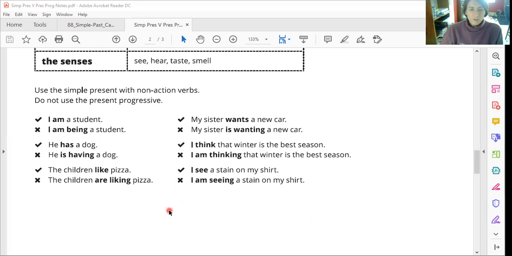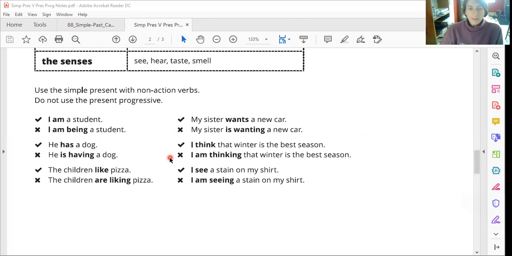Now, one thing that you do need to remember is that you will hear native speakers saying some of these words that we're saying is wrong. So sometimes you will hear native speakers saying somebody is wanting something, or I am thinking something, okay? Particularly with want and think, you will hear native speakers say this.